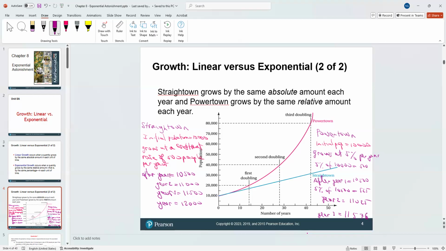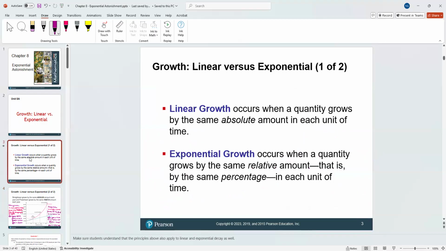That's why we said Street Town grows by the same absolute amount of 500 people each year, which is characteristic of linear growth, because linear growth is when a quantity grows by the same absolute amount in each unit of time.